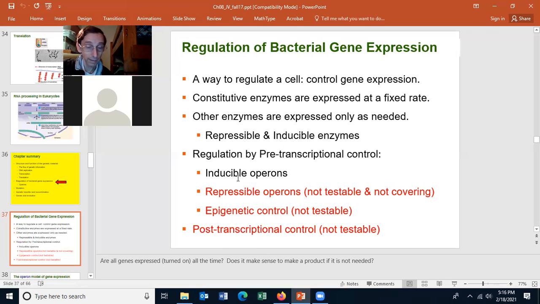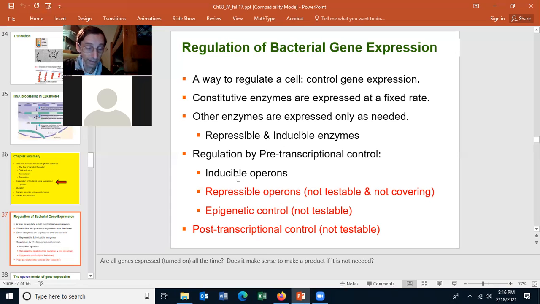Now, all genes are not turned on all the time. And why? It's because it doesn't make sense for the cell to turn on a gene if it's not going to use the product because it's not needed. Does that make sense? Yes.